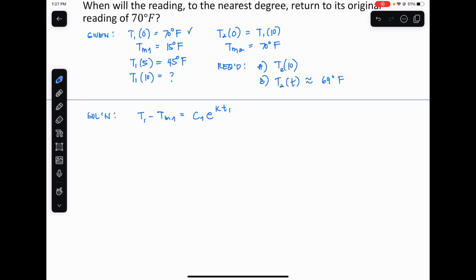As you can see here, I wrote a subscript for the temperature of the body: T1 corresponds to the temperature of the body outdoors, and Tm1 corresponds to the temperature of the outdoor medium. Then C1 would be the arbitrary constant, and T1 would be the time. But for K, I did not use any subscript.